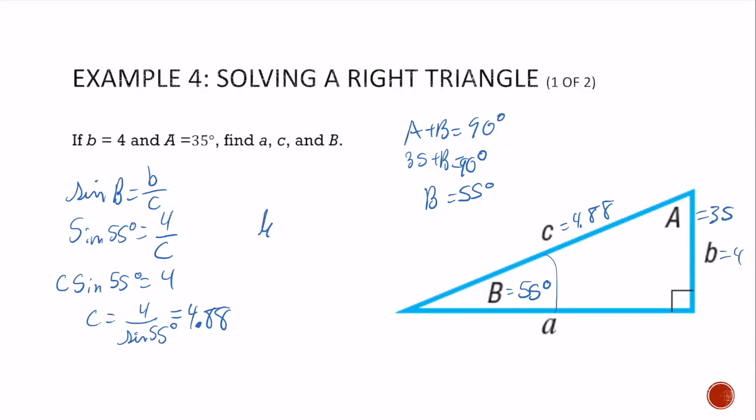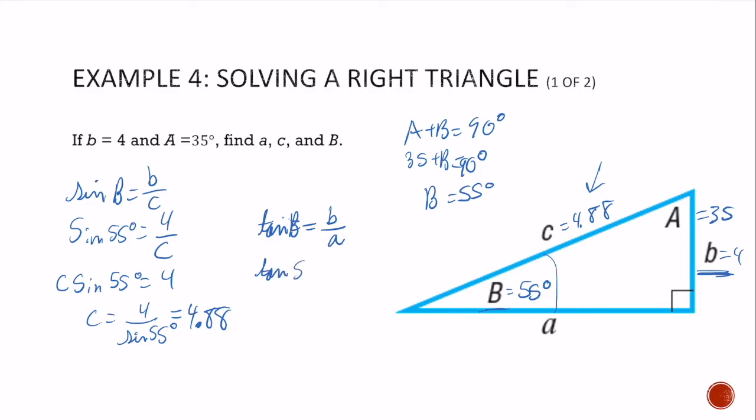Next, I'm going to find a. I'm actually going to take the tangent of B, and here's why. This is an approximation. This is not an exact value. So in order to be really precise about my a, I need to only involve what I know. And I know b, and I know the angle B. So tan of B is opposite over adjacent, so b over a.